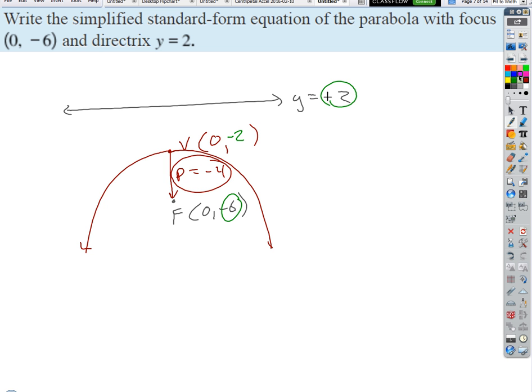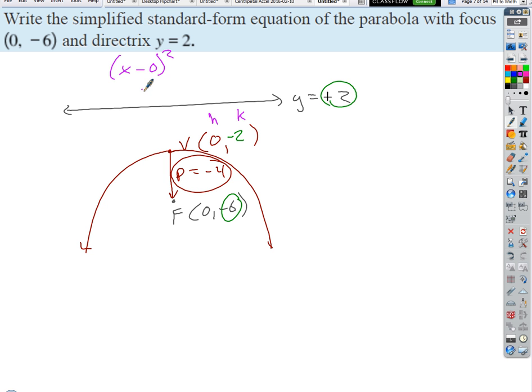We know that H and K are the coordinates of the vertex, so that's H and that's K. And so if we're going to write the standard form equation, then we're just going to plug in H, K, and P, right? So we're going to get X minus what? H, which is 0, right?